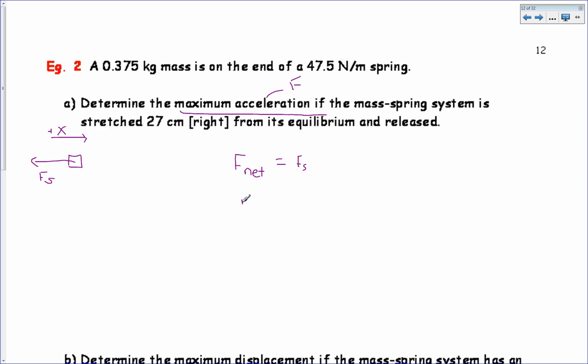So mass times acceleration equals negative kx. Acceleration, anyway, that's an a. Acceleration is equal to negative kx over m.